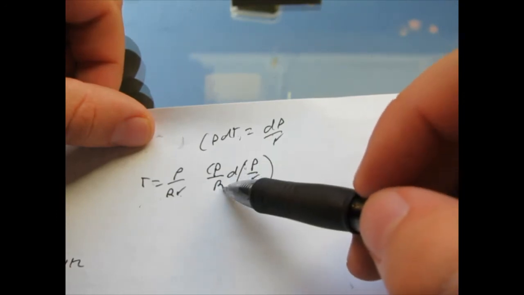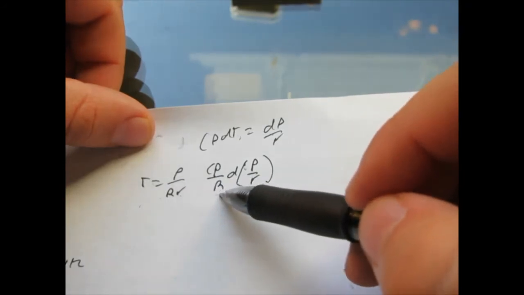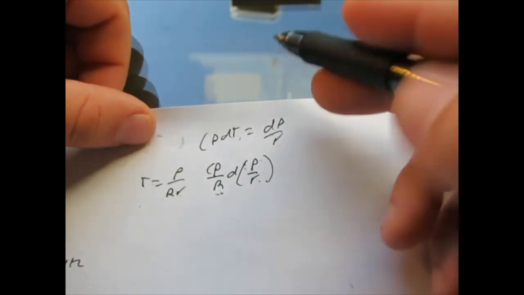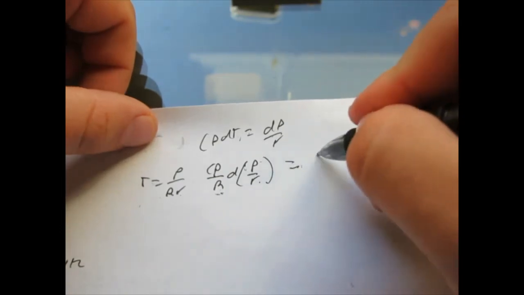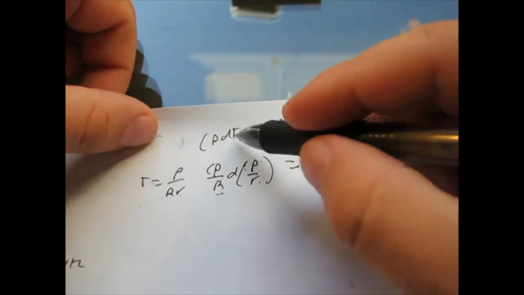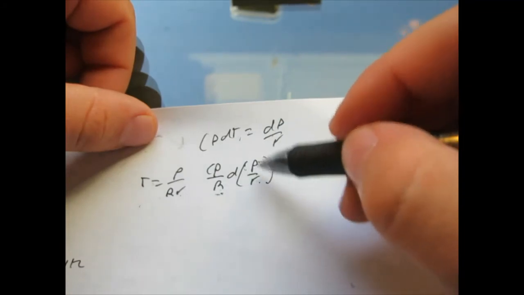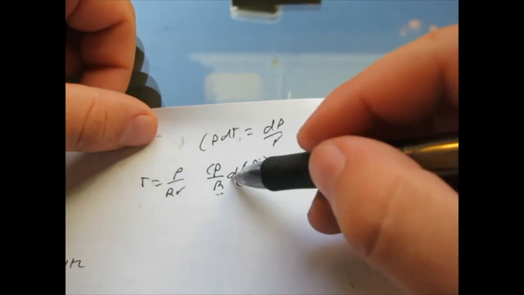This is a universal constant. This isn't changing, but the pressure and the density, those are changing. So we can take that out, but because we're replacing the T, which is changing, we also have to keep these inside the differential.